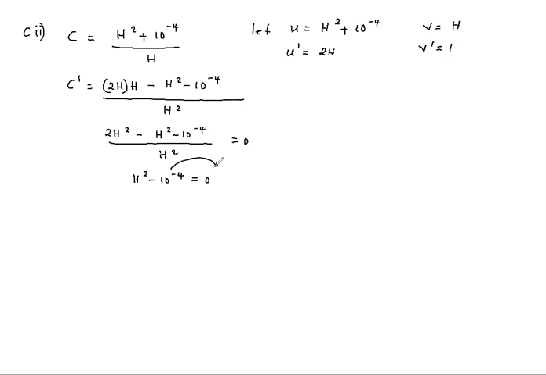Take this to the other side. You have H squared is equal to 1 over 10 to the power 4. Square root. You get H is equal to plus or minus 1 over 10 squared, which is plus or minus 1 over 100.